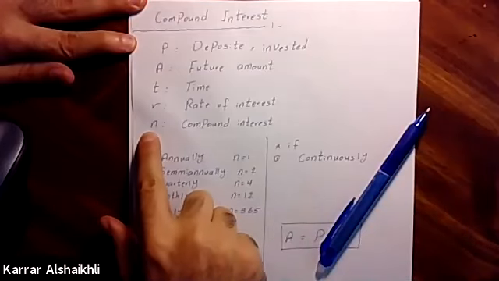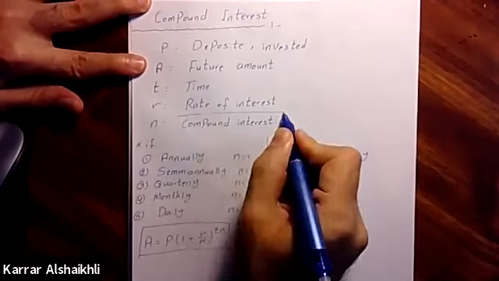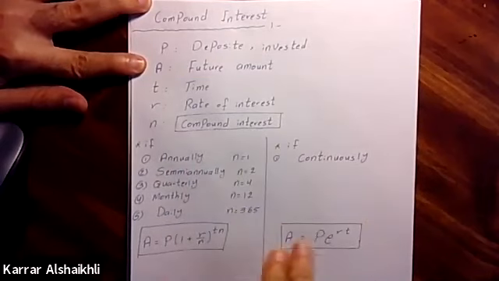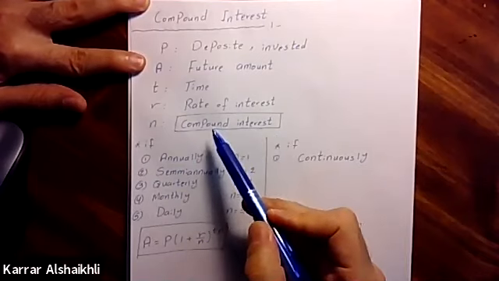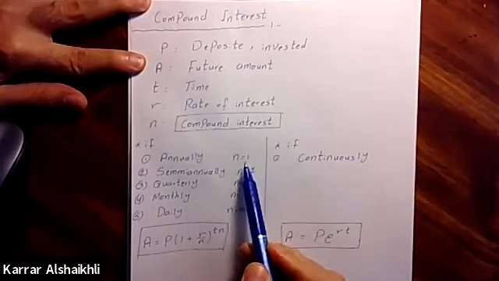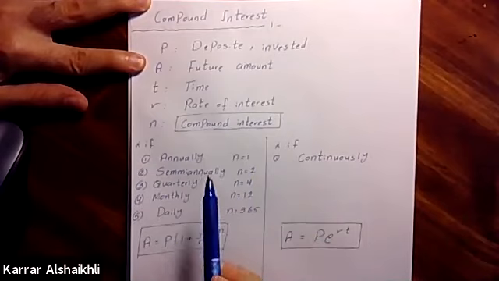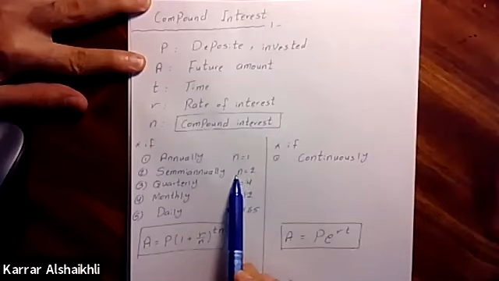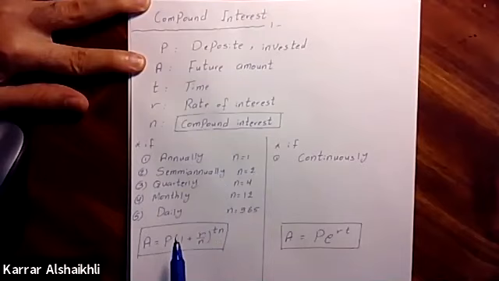And here is the compound. This is the important part, because it's going to tell you which formula you're going to use. If they're telling you compound annually, that means n equal 1, and use this formula. Also, if they're telling you compound semiannually, that means n equal 2, and use this formula.